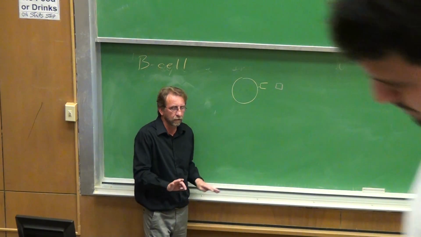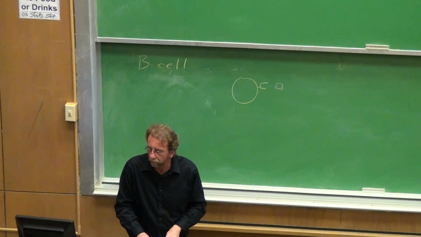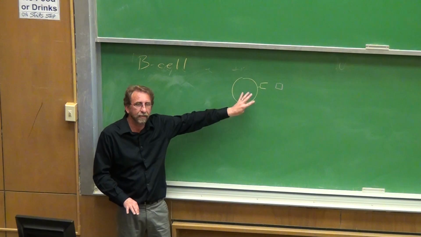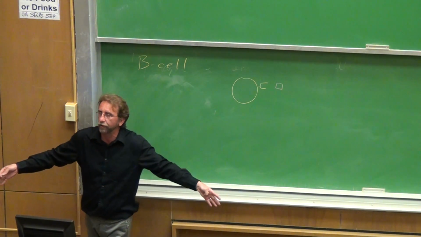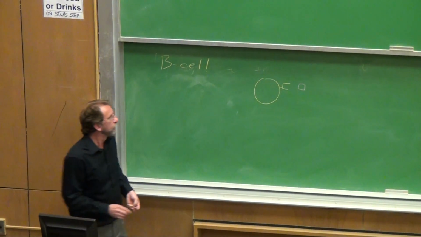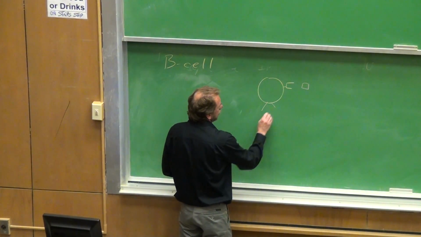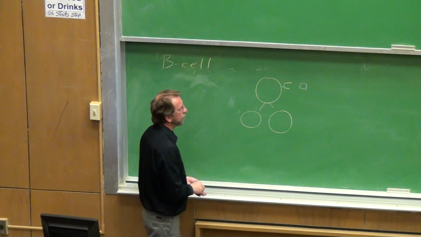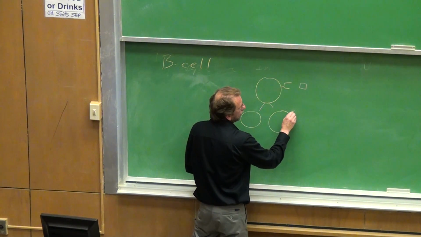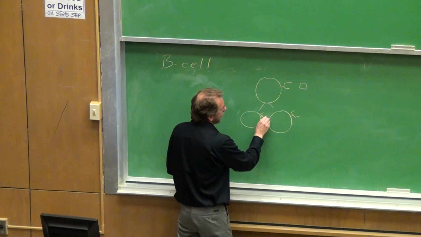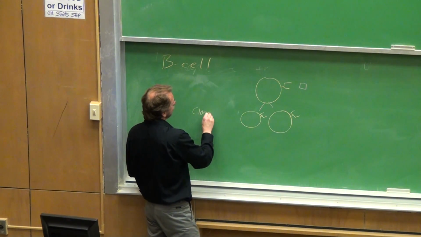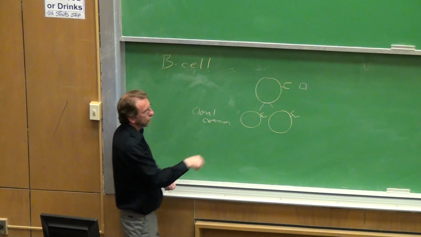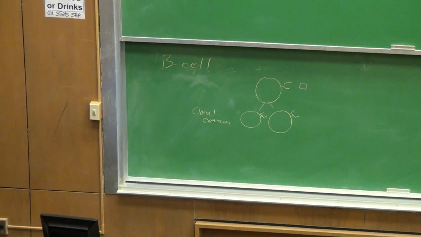And then if the T cell recognizes the antigen being presented and this cell gets activated, then the B cell will undergo clonal expansion. But remember, clonal expansion here only happens if the T cell okays it.